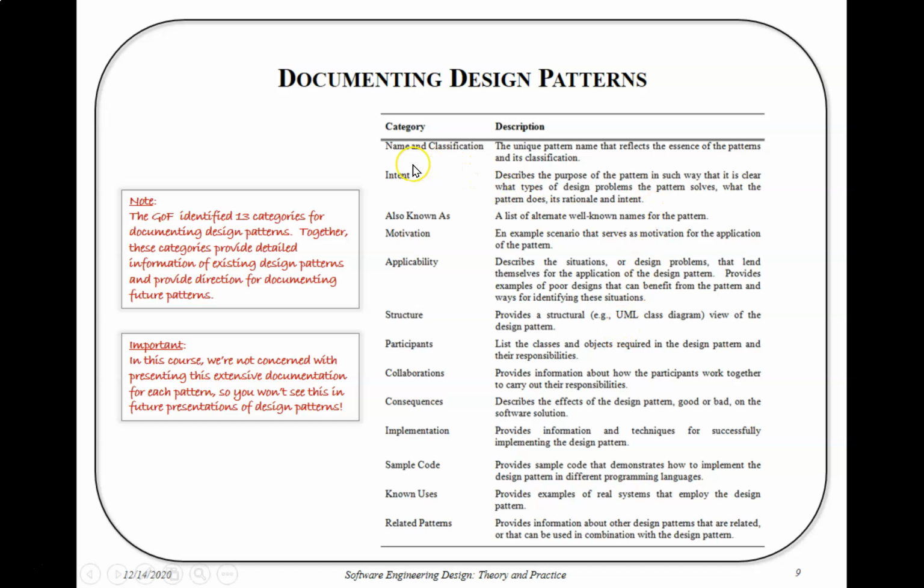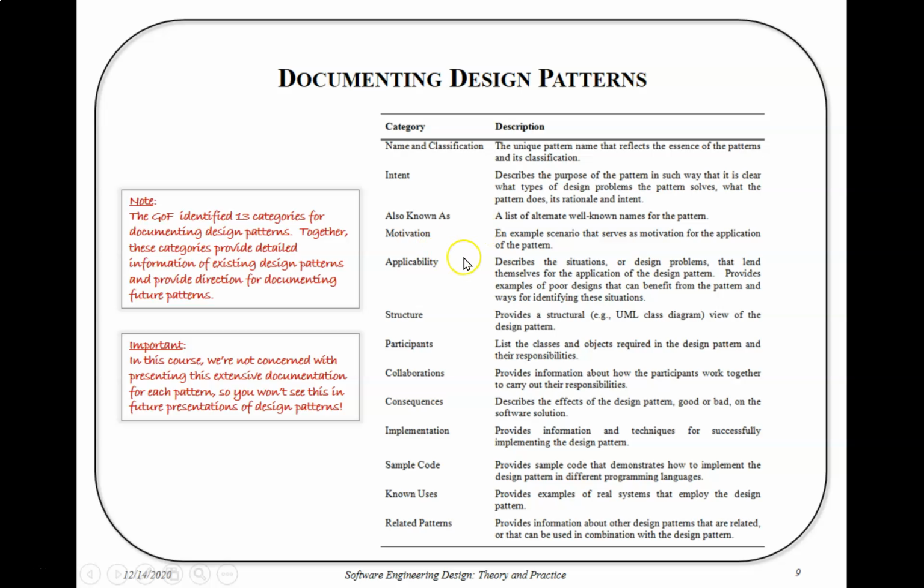For example, the pattern needs to have a name and classification, whether it is structural, behavioral, or creational, so it has a unique name. Then the intent, which is the purpose of having this pattern. Also known as, an alias, since it may be known by another name.